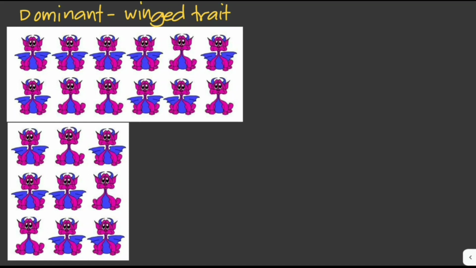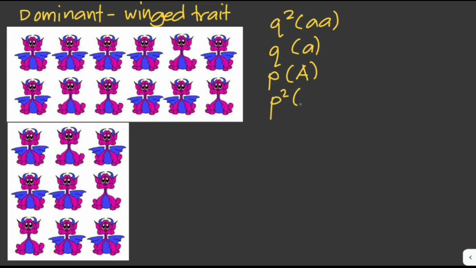Let's solve another problem here. So we're given here figures of the dragons, and the wing trait is the one that is dominant. So we just have to solve for the frequencies. q squared denoted as aa, then q denoted as small a, p denoted as big A, and p squared as double big A, and our 2pq, which is just big A and small a.